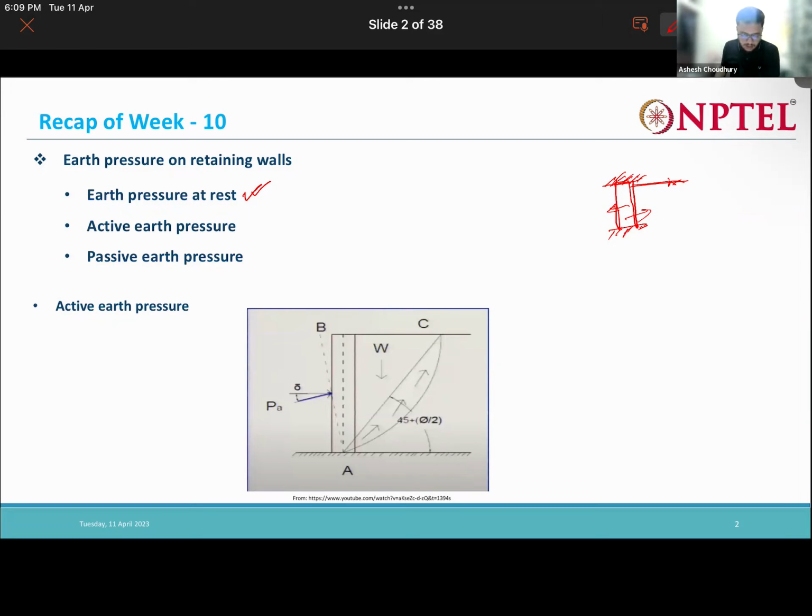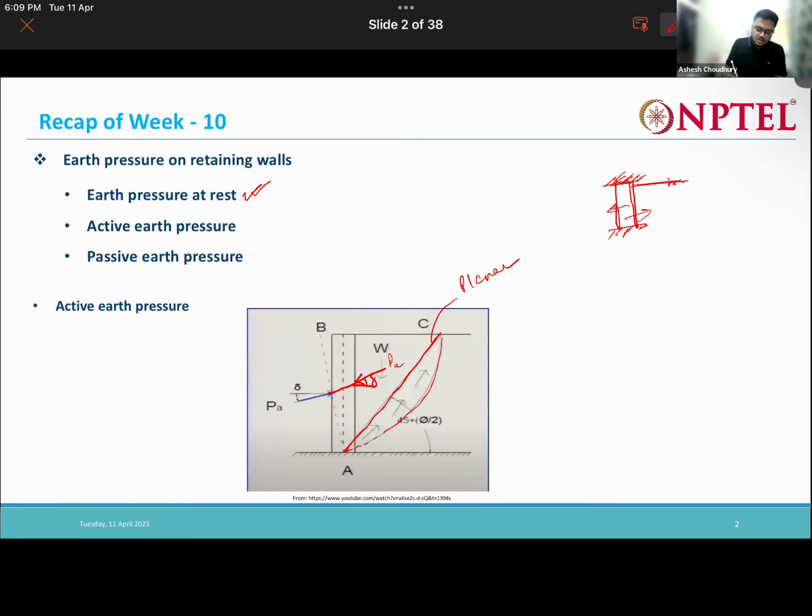Let me draw this side so it will be like this. When the wall moves away from the backfill, we will see that a failure wedge is formed here. It is generally idealized as a planar failure surface, but the actual failure surface is a curved one.